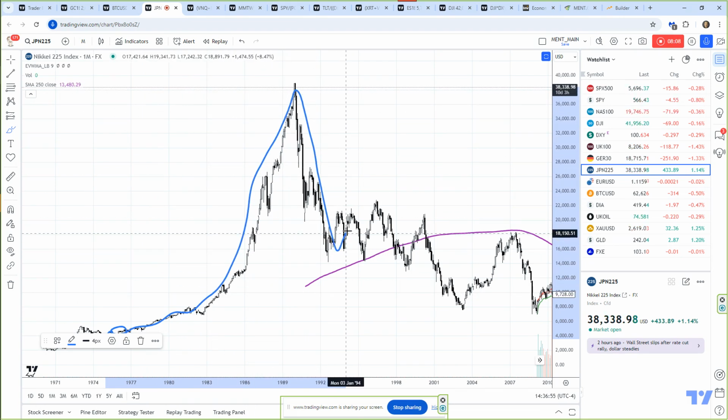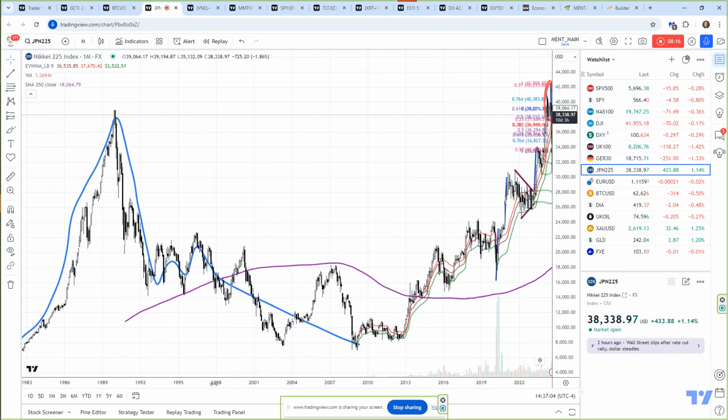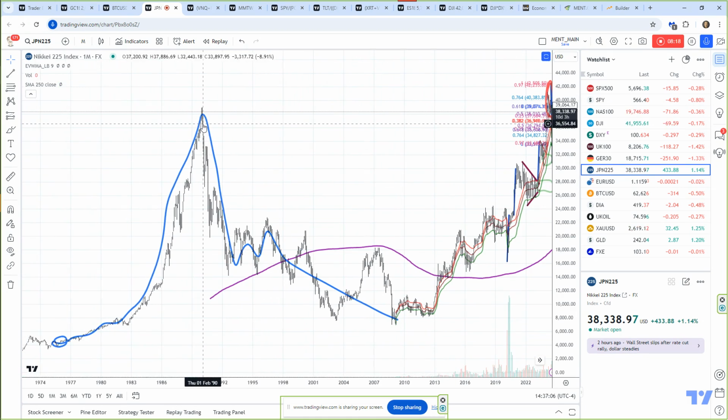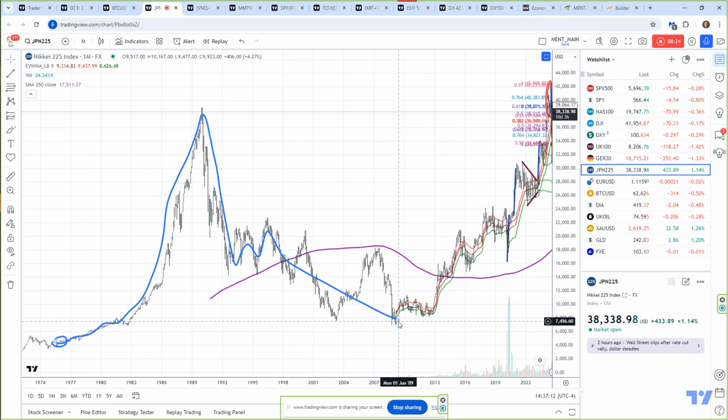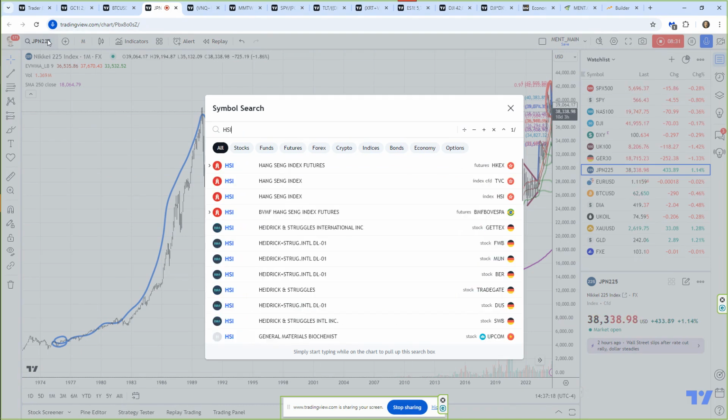And now we're rolling through this sideways channel, eventually coming to some base way over here. And remember that time frame from peak to base, from 1990 to 2009, you've got to figure that out. That's 19 years.